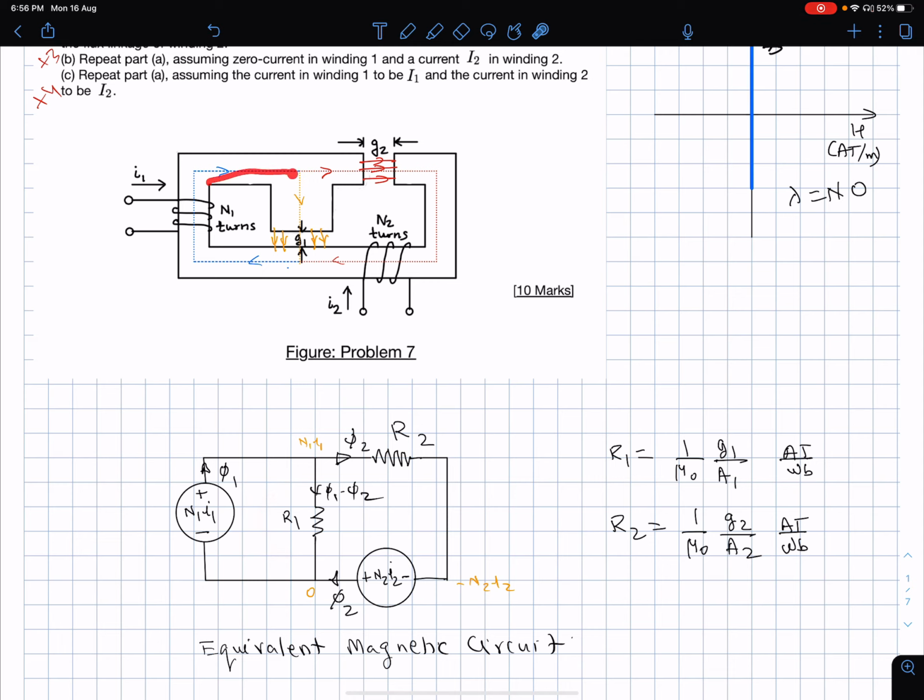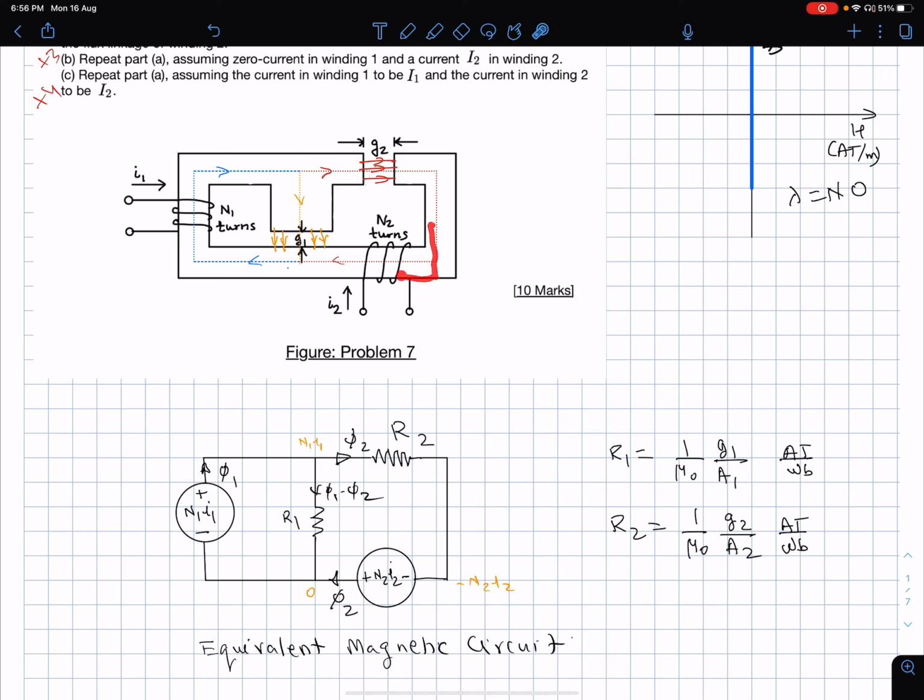So when you trace this loop, you will get N1I1 in parallel with R1, which is the reluctance of the gap 1, which you can write as 1 by mu 0 G1 by A1 ampere turns per Weber. Now, when you take the other route through G2, first you will encounter this reluctance R2, which is nothing but 1 by mu 0 G2 by A2 ampere turns per meter.